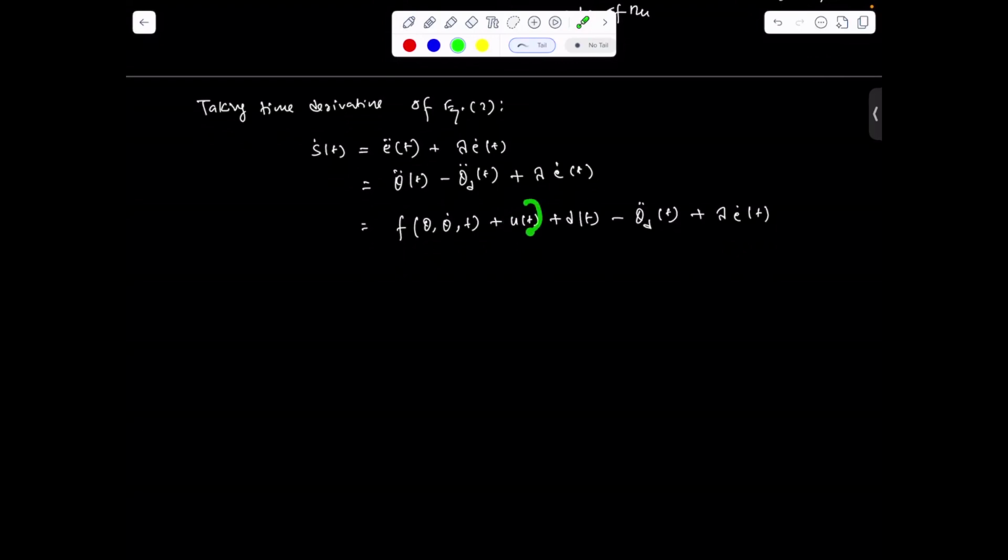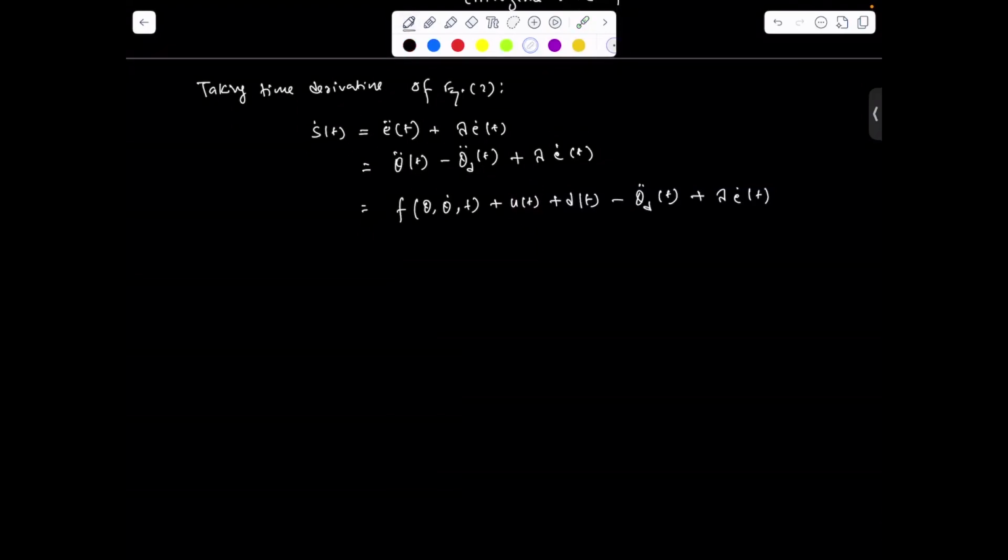Switching control we define by the signum function, and equivalent control we can define by the functions involved in the dynamics.